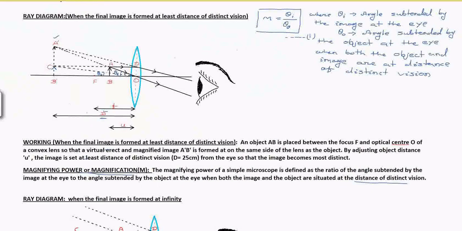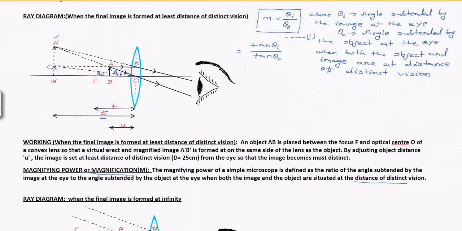This is equal to tan theta I divided by tan theta O. Again, here we are considering these angles theta O and theta I to be small, so their tan value is equal to the value of the angle.